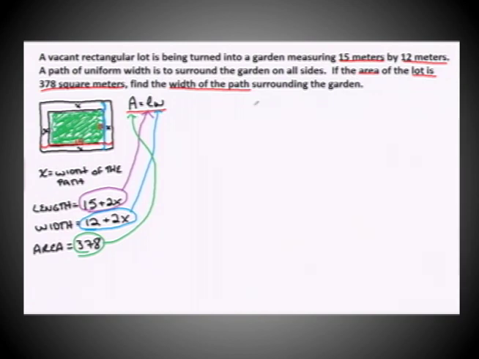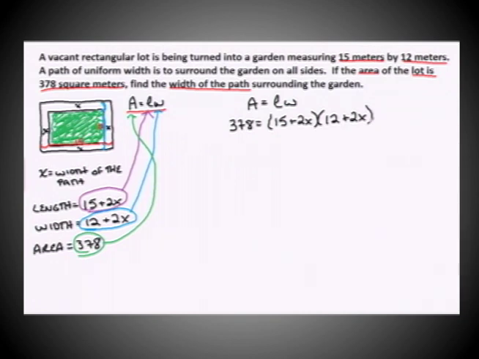So we'll start with the formula area equals length times width. Our area is 378. We have called our length 15 plus 2x, accounting for that path on either side of the length of the garden. And our width is 12 plus 2x.